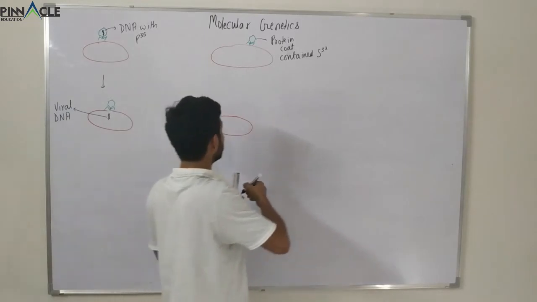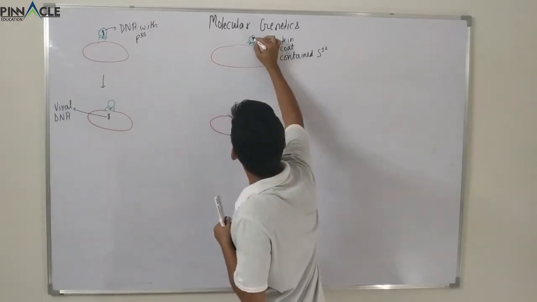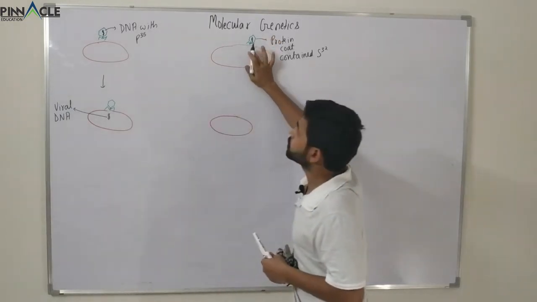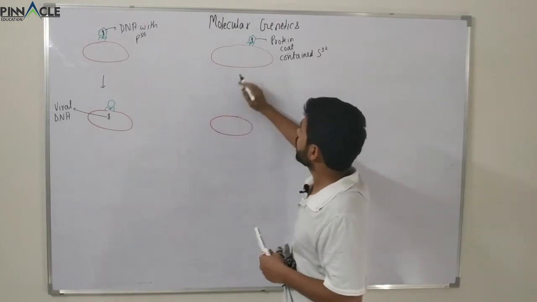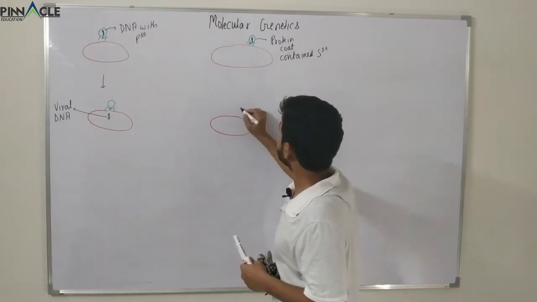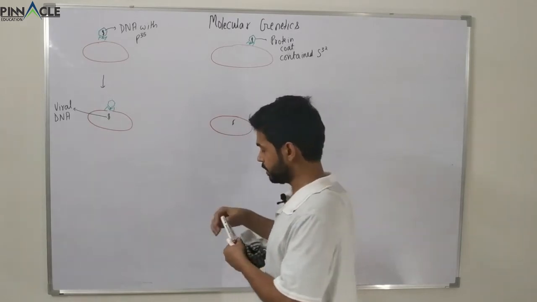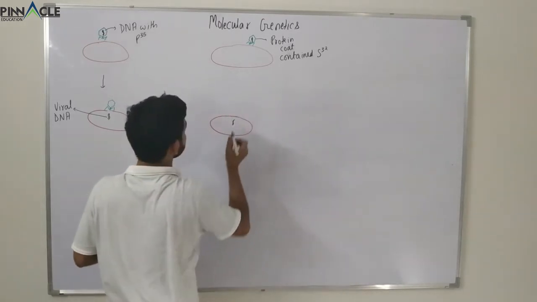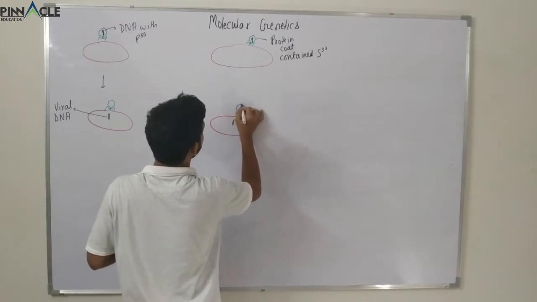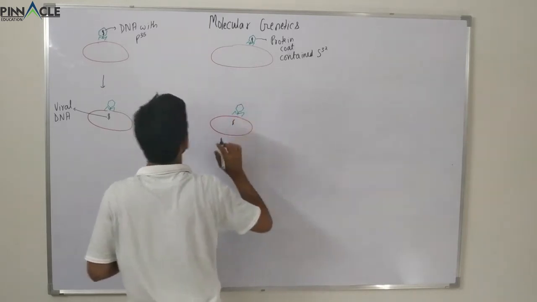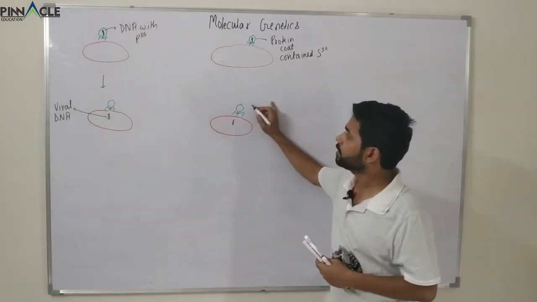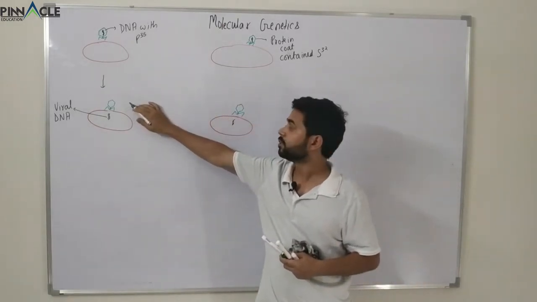Here also the DNA was normal DNA, not containing phosphorus 35, and the same thing happens, that is, the viral DNA will enter the E. coli cell. Here also the protein coat will remain.